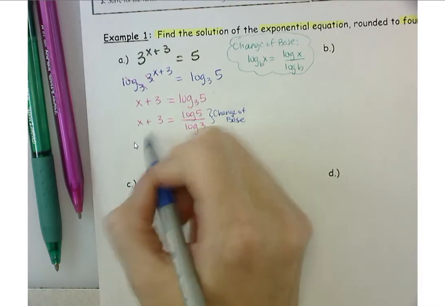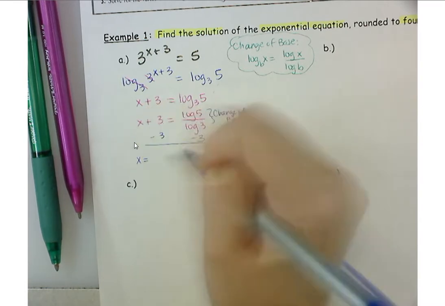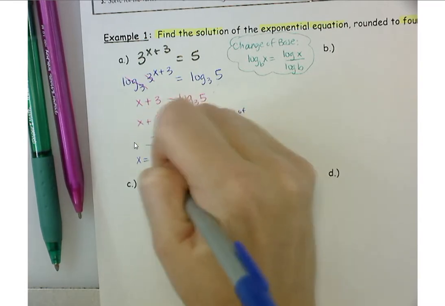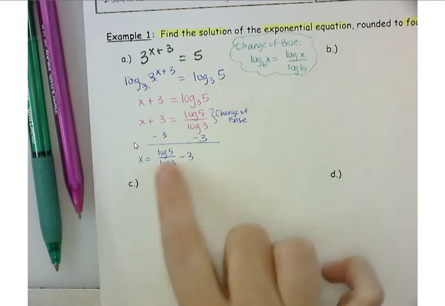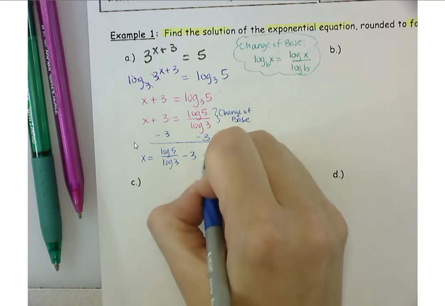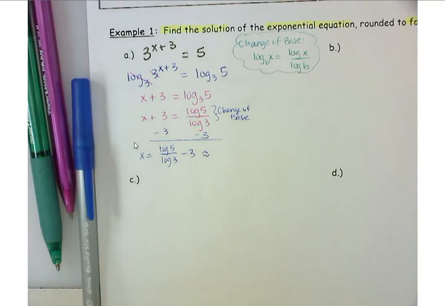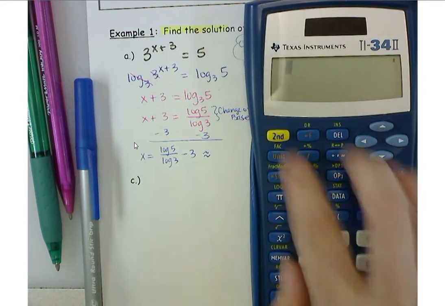Alright, and then my last step would be to subtract 3 from both sides. So x would equal the log of 5 divided by the log of 3 minus 3. Okay, if we didn't use calculators at all, that's how I'd have you write your answers. But we are going to approximate to 4 decimal places. And you guys will want to practice with me.